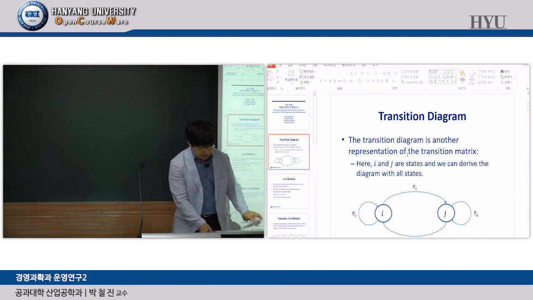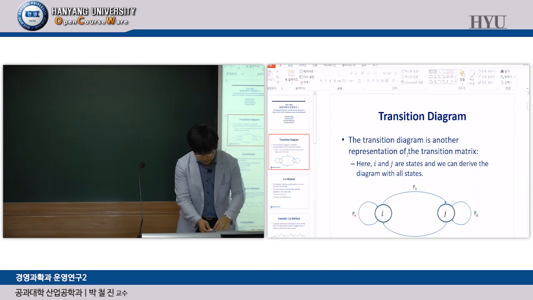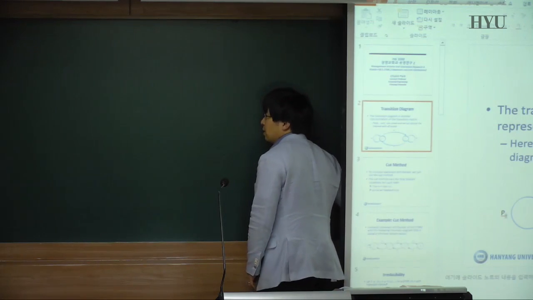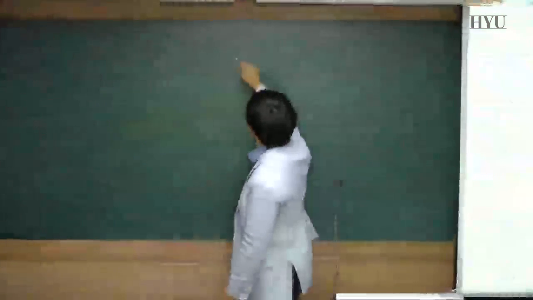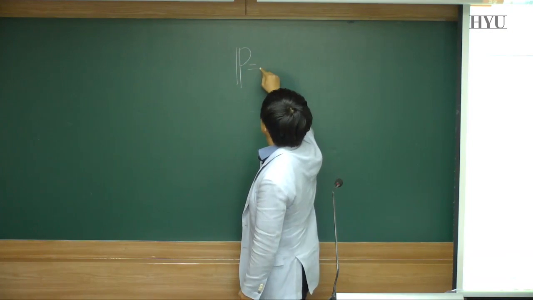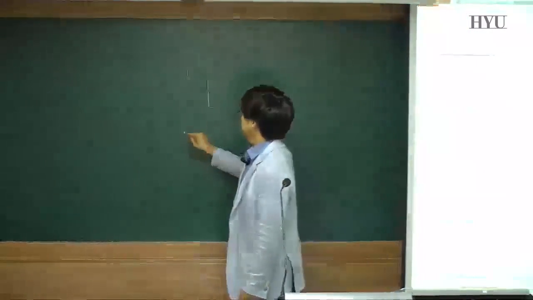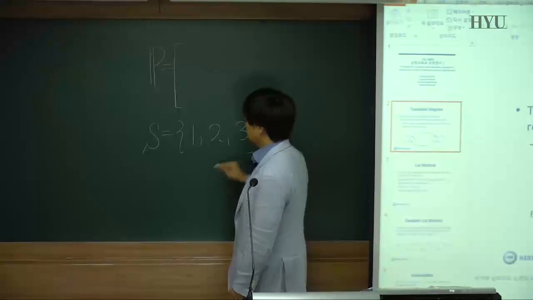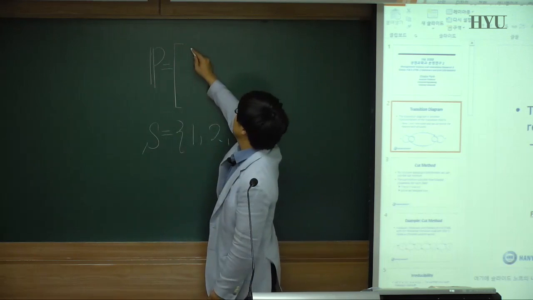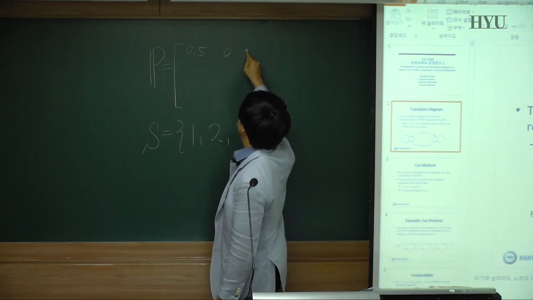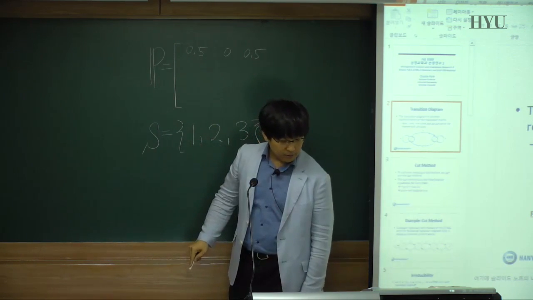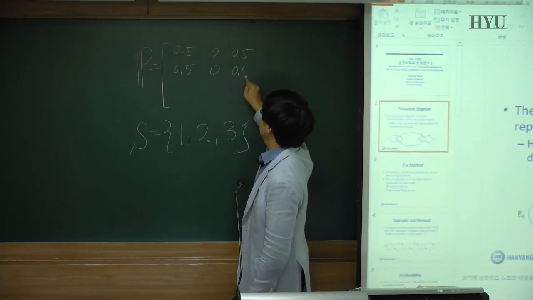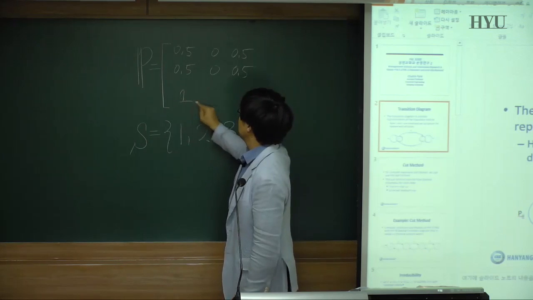So let's consider an example. Let's say this chain has three different states, and the transition matrix might be 0.5, 0, 0.5, 0.5, 0, 0.5, and 1, 0, 0.